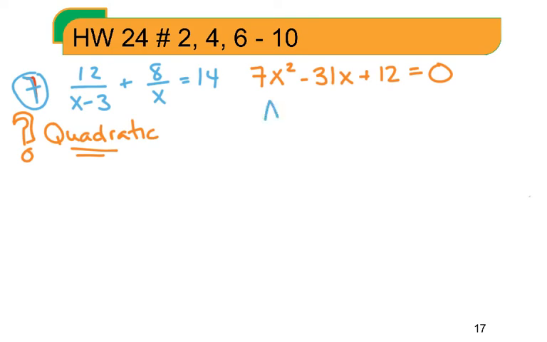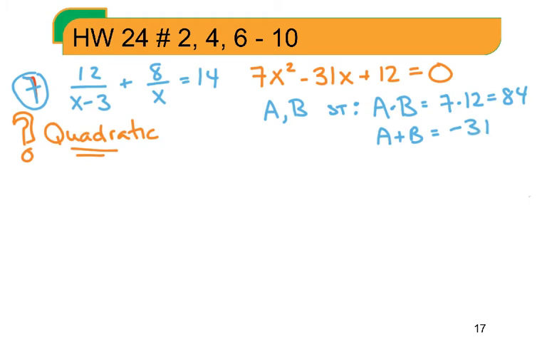We need A and B such that A times B equals 7 times 12, which, if I remember correctly, is 84. Is that right? I better double check. Yes. And A plus B equals negative 31.